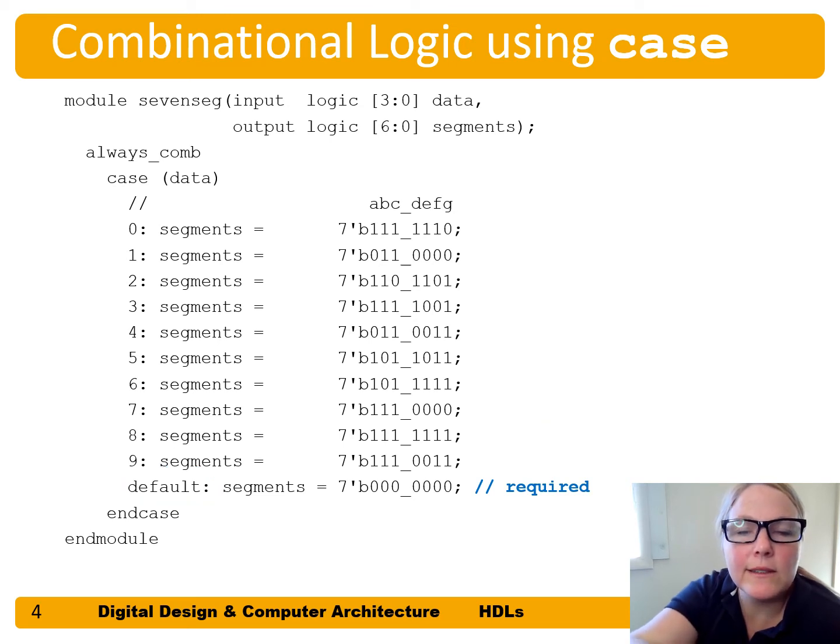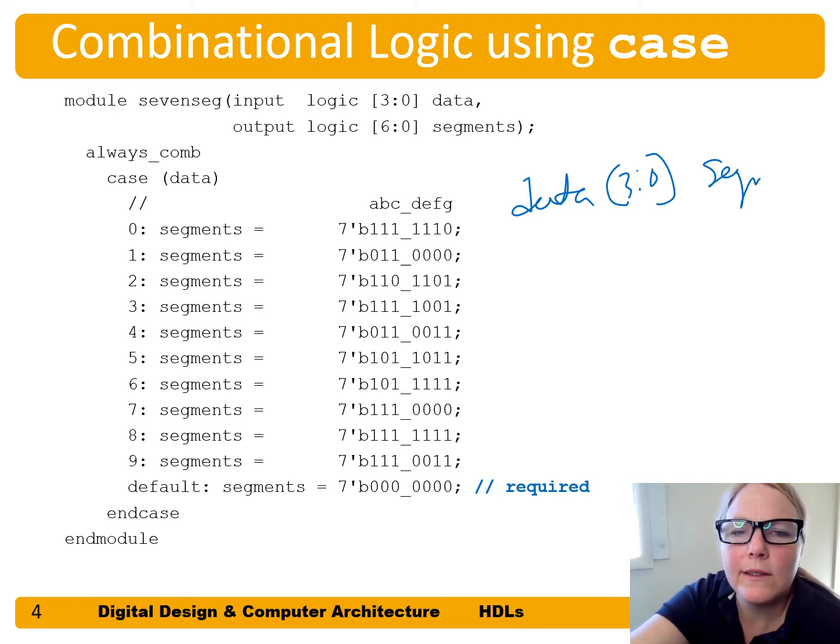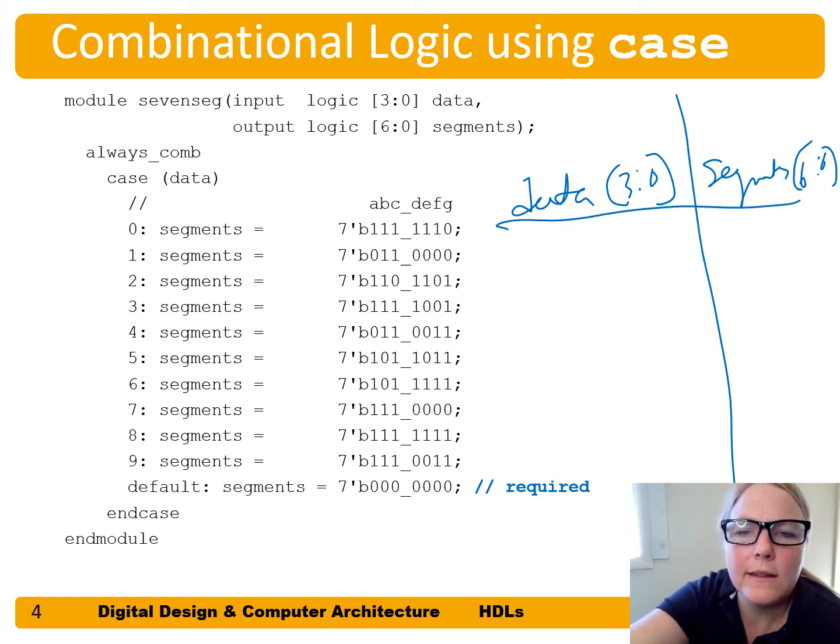And using a case statement is similar to a truth table. So if we had data, here was our data input 3 to 0, and we have our 7 segments, 6 to 0 as the output. So when data is all zeros, so this row here, we want our segments to be 1, 1, 1, 1, 1, 1, 0.